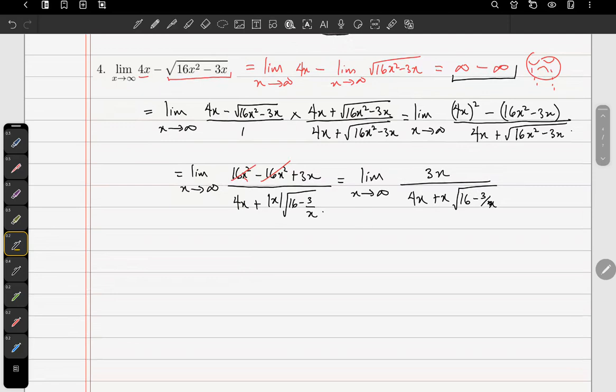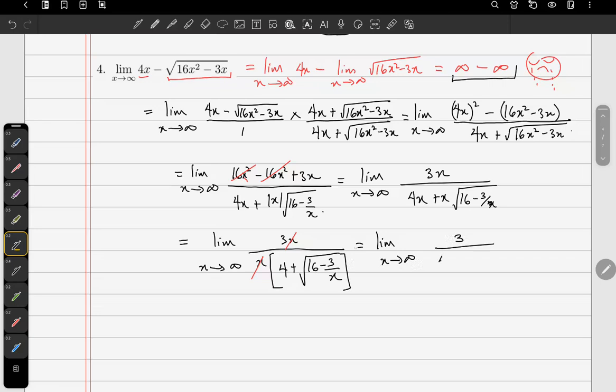Then if we factor out x in the denominator, this is the limit of 3x all over x times the bracket 4 plus the square root of 16 minus 3 over x as x approaches infinity. So the x's cancel out, and this is equal to the limit as x goes to infinity of 3 over 4 plus square root of 16 minus 3 over x.